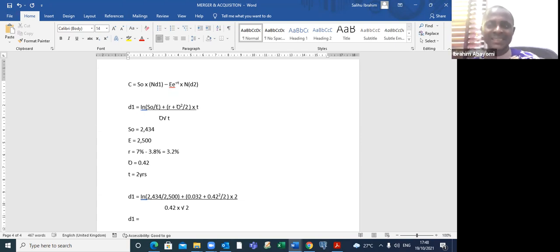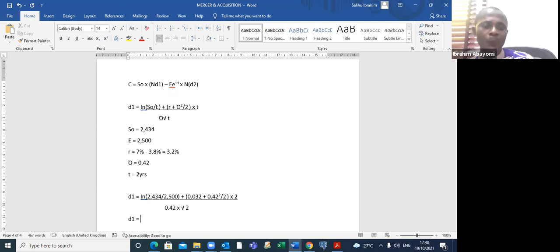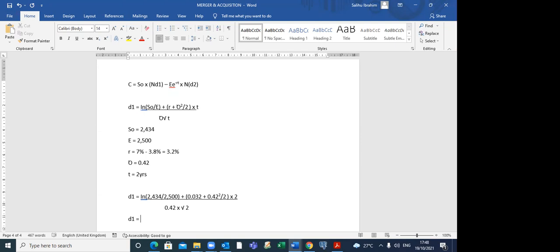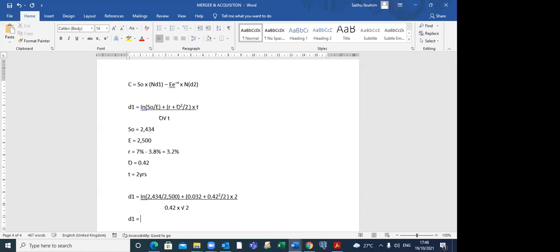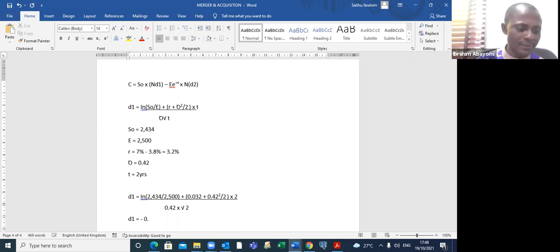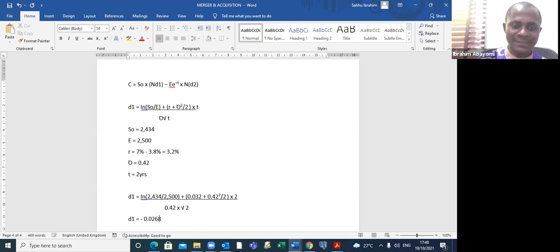Just press on that ln, then open brackets, press 2434 over 2500, close the bracket and press equal to. That will give me minus 0.0268. Minus 0.0268. That is what I will get from there.